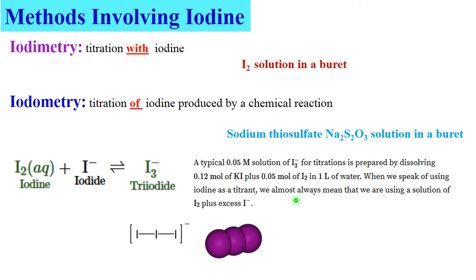So when we speak of using iodine as titrant, we always mean that we are using a solution of I2 plus I minus. And that's what happens. I2 reacts with iodide to make triiodide ion. It's a linear ion like this with 3 iodine atoms and total charge of -1.